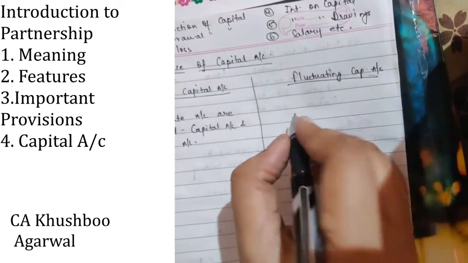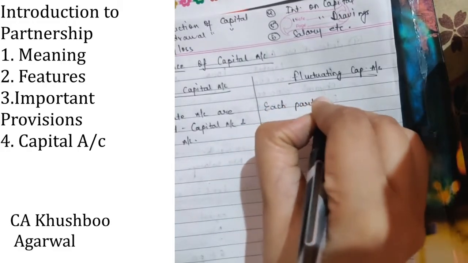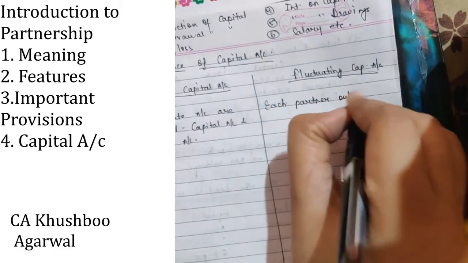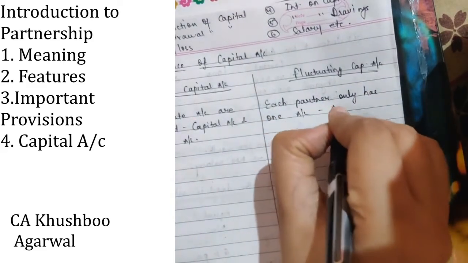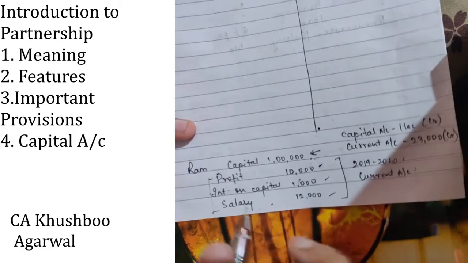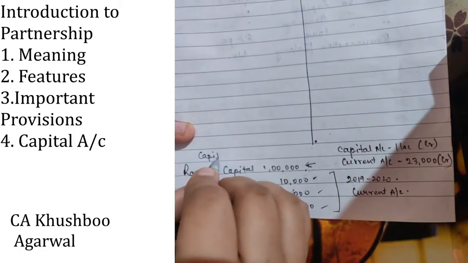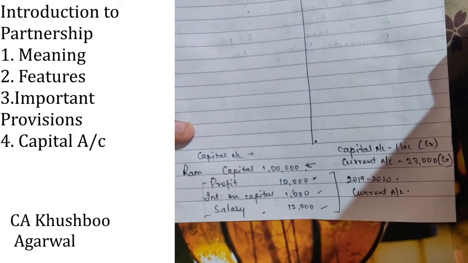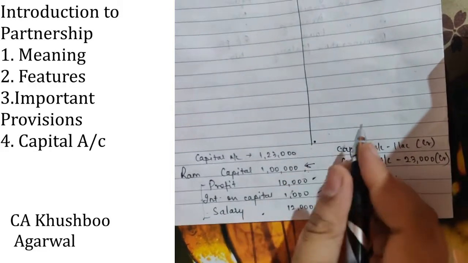In fluctuating capital account, for each partner, only one account is maintained. Each partner only has one account, that is the capital account. Therefore, all these transactions of Ram will be recorded in a single account, and so the capital account will reflect a balance of 1,23,000 in case of a fluctuating capital account method.